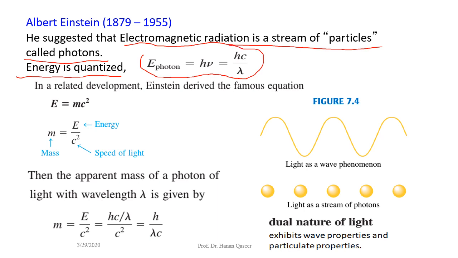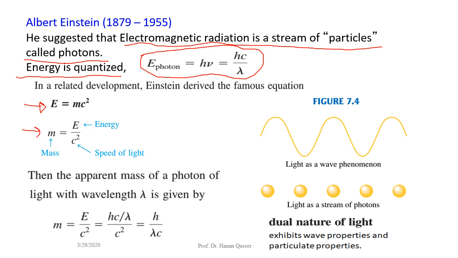Energy equals h nu, where we substitute nu with c over lambda, we get hc over lambda. In a related development, Einstein derived a famous equation: energy is equal to mc squared. طاقة تساوي الكتلة في مربع سرعة الضوء. By rearrangement of this equation, we can get mass is equal to energy over c squared.